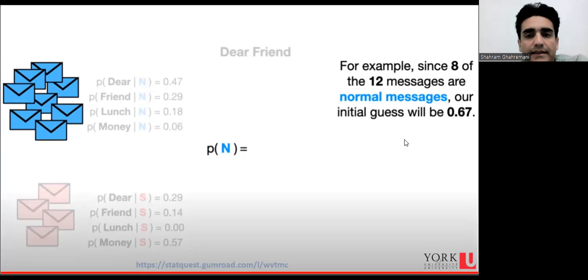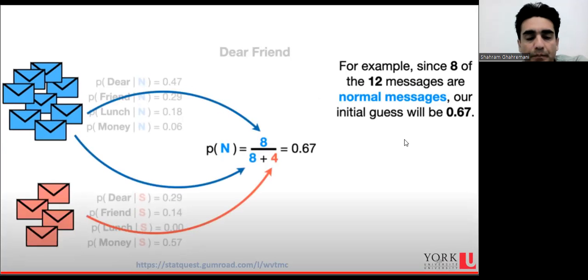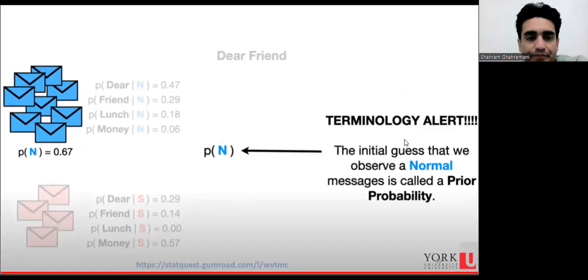For example, since 8 of the 12 messages are normal messages, our initial guess will be 0.67. Here we see how we got it. We can see here that there is another terminology. The initial guess that we observe a normal message is called the prior probability.